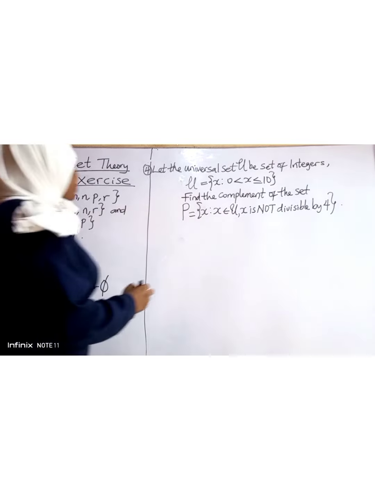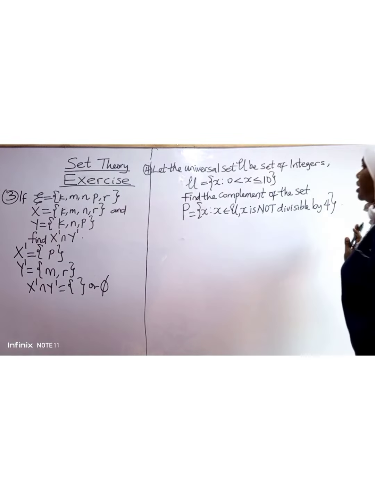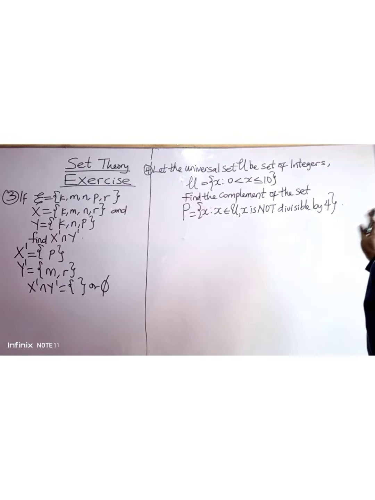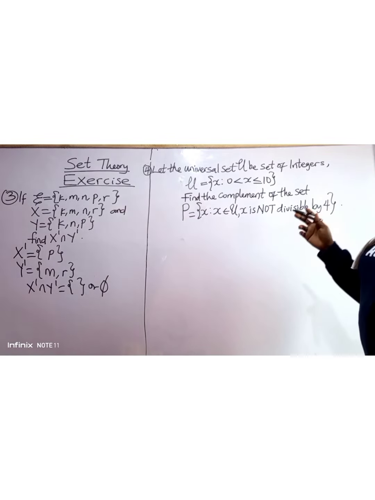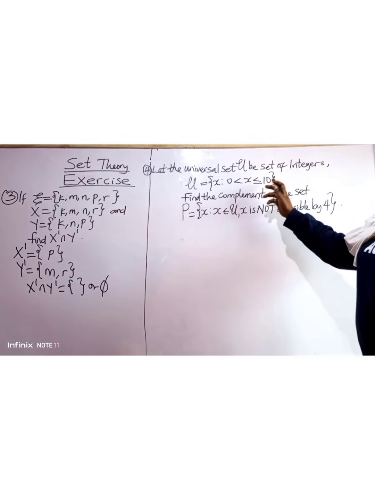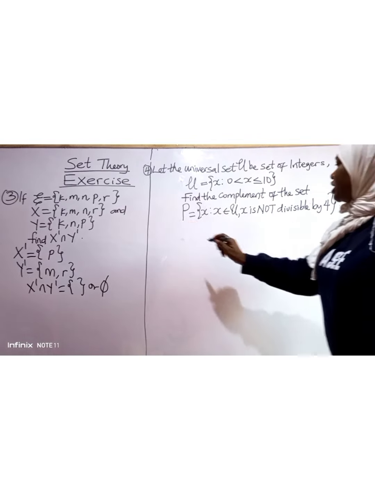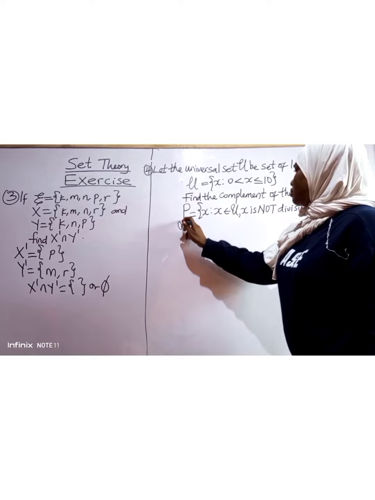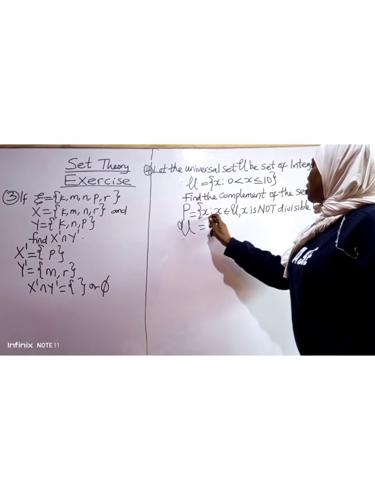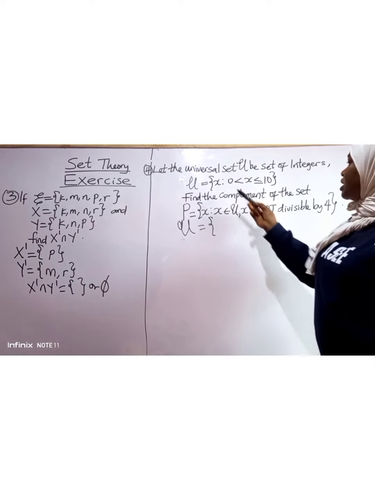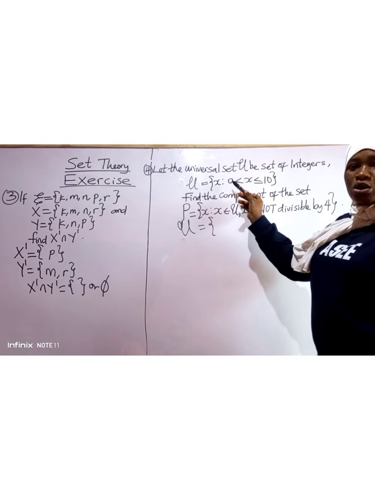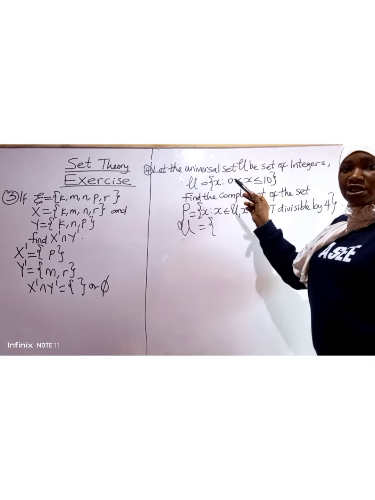Number 4. Let the universal set be the set of integers. Universal set is equal to x such that 0 is less than x, less than or equal to 10. So let's write the universal set. x is such that 0 is less than x, that means 0 will not be among the elements of this universal set.